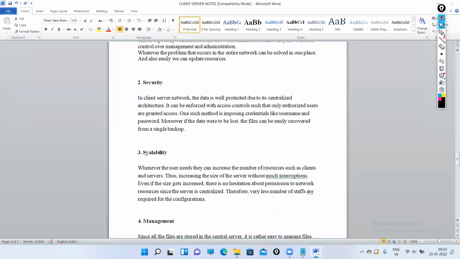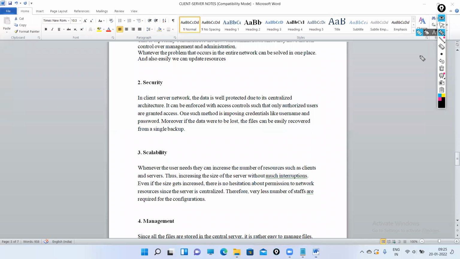Now, scalability. Whenever users need, they can increase the number of resources such as clients and servers, thus increasing the size of the server without much interruption. Simple, madam. Scalability means easily we can increase our structure.